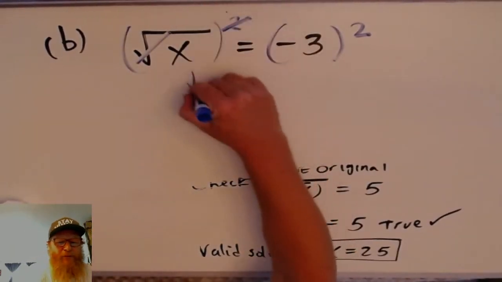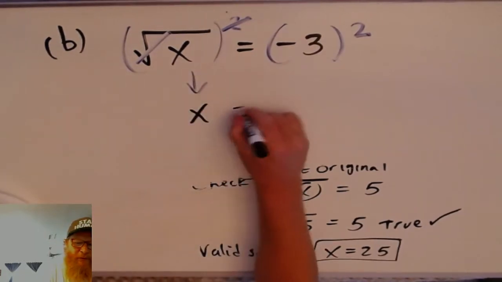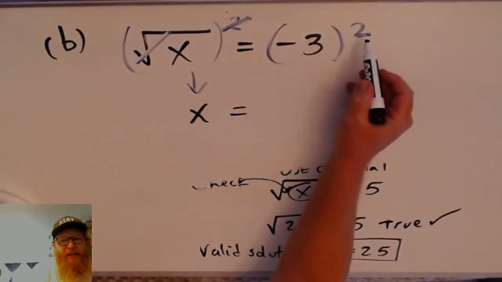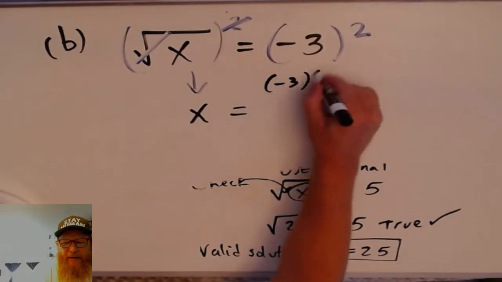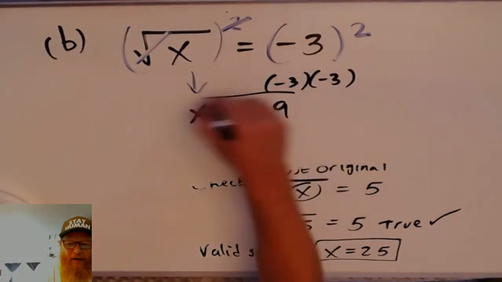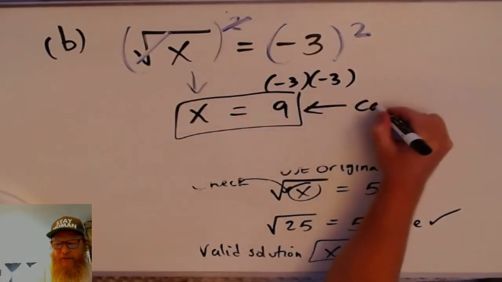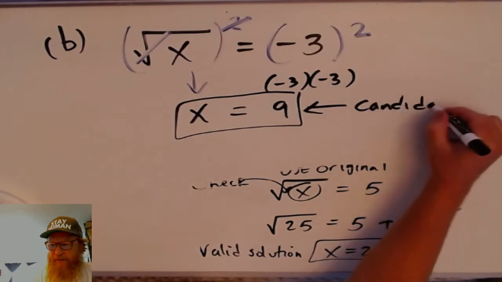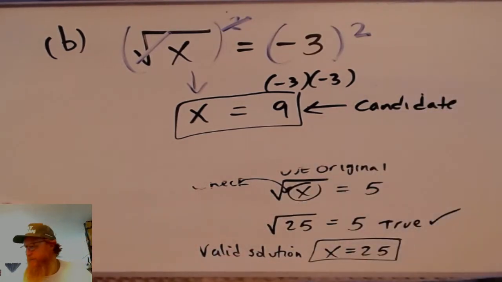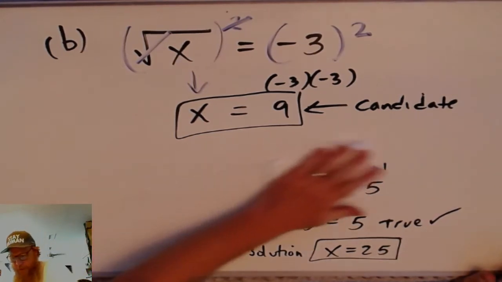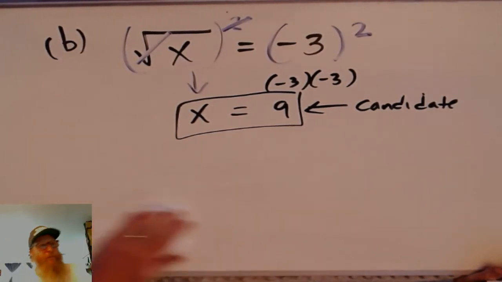Extract the root. -3 times -3 is 9. This is your candidate. Don't trust it. Check it.